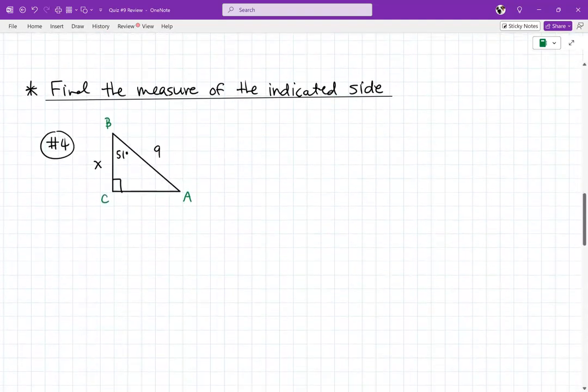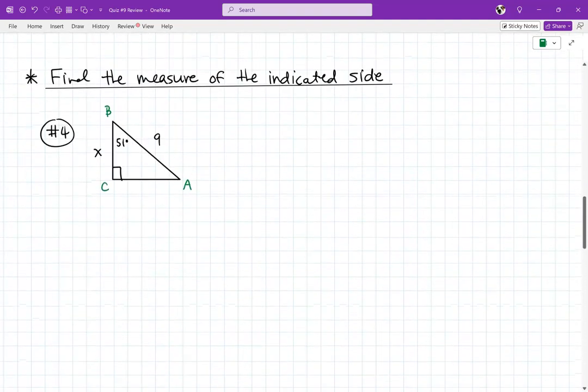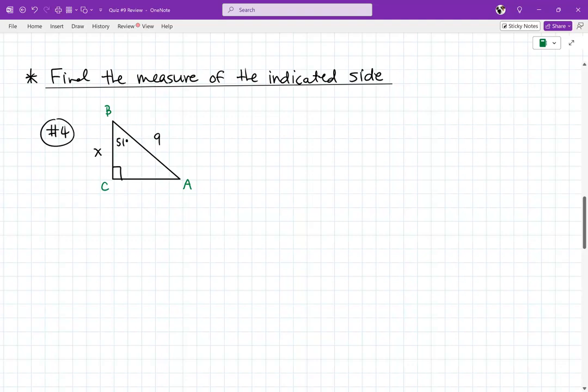All right. So for number 4 and 5, I think, yeah, it's just two of them here. These are finding the measure of the side. Okay, how long is a specific side? So this is not going to be a fraction. The fractions only come out when they say what's the sine theta equal to, what's tangent theta equal to, etc. This is a specific side value that they want.